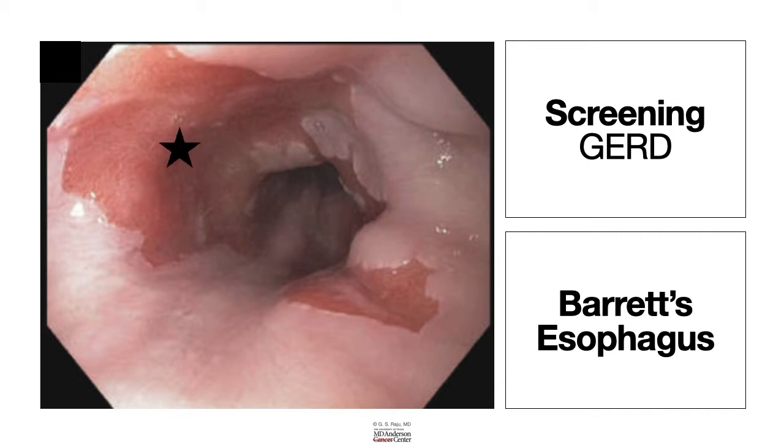That is Barrett's esophagus. You have to confirm the diagnosis of Barrett's by taking a biopsy from the columnar lining marked by the arrow and demonstrate that there is intestinal metaplasia. So this is about screening GERD patients for Barrett's esophagus.